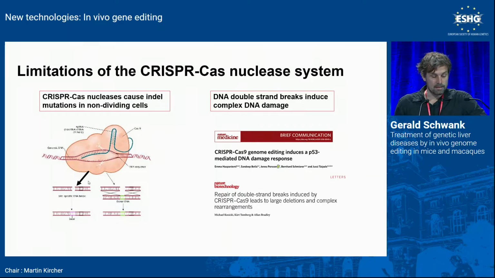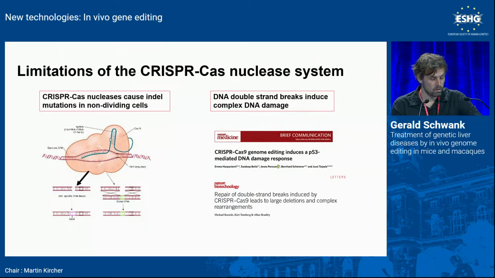To precisely repair a genetic mutation, you need to specifically change the sequence. The only way you can do that is to rely on the cell to use homologous recombination and the donor DNA that will be integrated, and then a short sequence stretch can be exchanged.